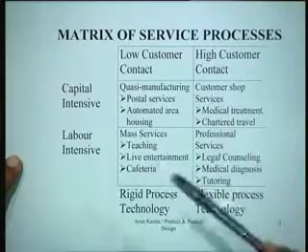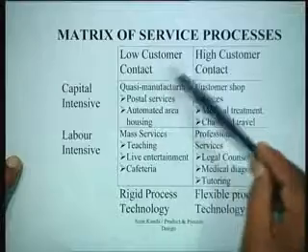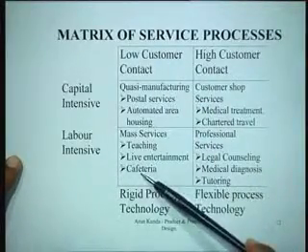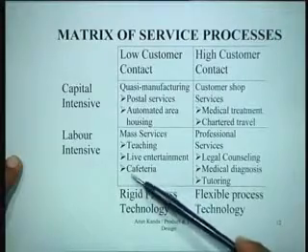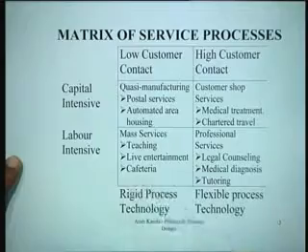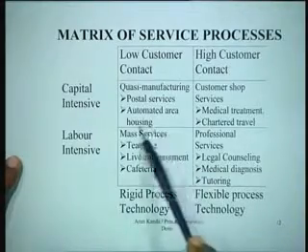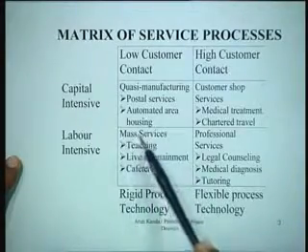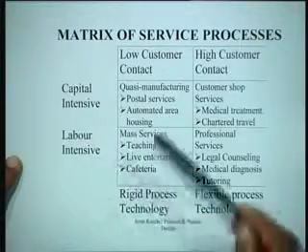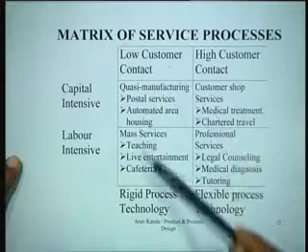She just gives the performance. There is very little customer contact, so it falls in this category. Similarly, a cafeteria, for instance, is essentially something here. There is low customer contact. So these are called mass services. Mass services are those which are essentially labor intensive, but you are using low customer contact.